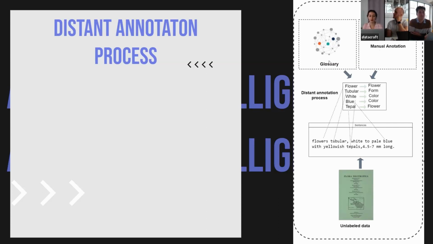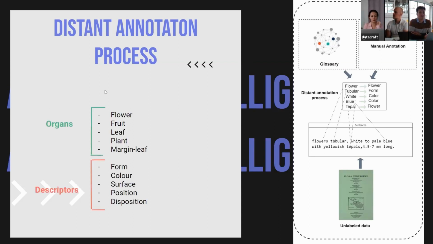So what we did is that at the beginning, we took a glossary that contains only morphological related words like flower, tubular, white, blue, table, typically words that you can find in a botanical glossary. And we've asked experts to annotate only those words without any context, just annotating these words and matching them with classes that we have chosen.